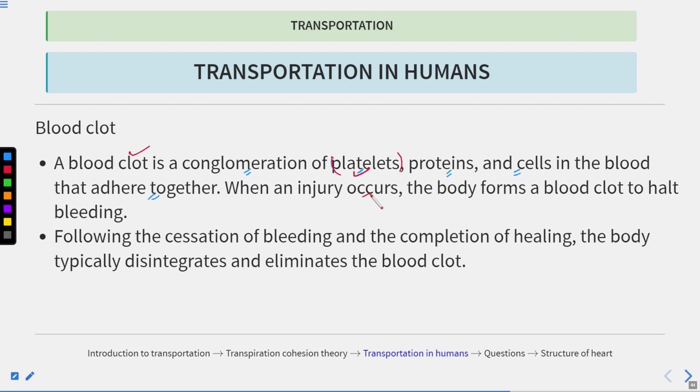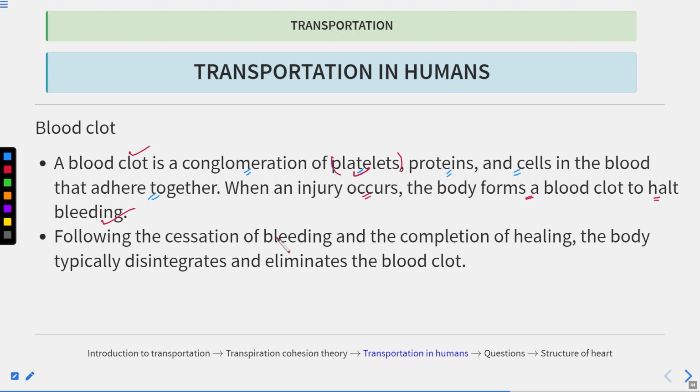Now, whenever an injury occurs, the body forms a blood clot to halt the bleeding. What is the role of the blood clot? Why is a blood clot formed? A blood clot is formed to stop, to halt the bleeding. Otherwise, there will be continuous bleeding and the organism can die because of excessive bleeding and loss of blood.